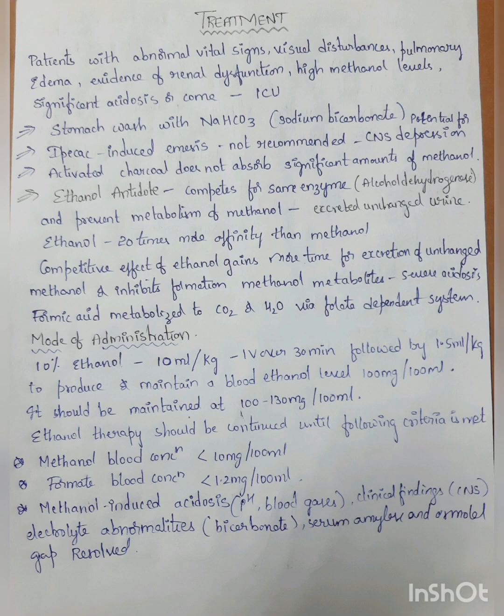Ethanol therapy should continue until the following criteria are met: the methanol concentration should be less than 10 mg per 100 ml, and the formate blood concentration should be less than 1.2 mg per ml. Next, methanol induced acidosis, clinical findings, electrolyte abnormalities, serum amylase and osmolar gap should all be resolved. Until these clinical criteria are achieved, we have to maintain the ethanol blood concentration level.